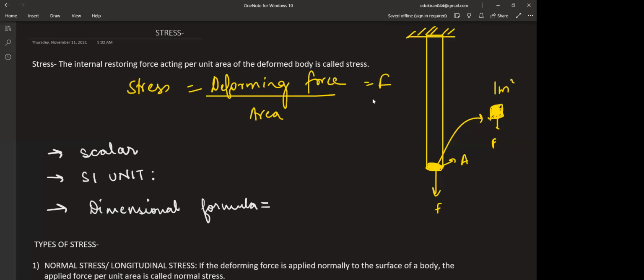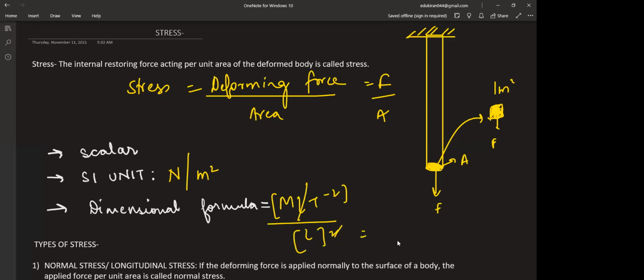You can write it as F by A. So SI unit will be Newton per meter square. It is a scalar quantity, and for dimensional analysis, force is M L T to the power minus 2, divided by L square for area. So one L will be cancelled. This will be M L to the power minus 1 T to the power minus 2.